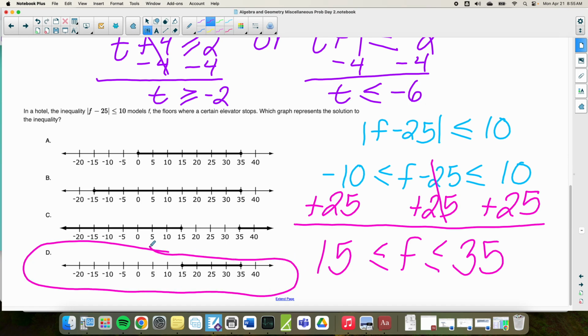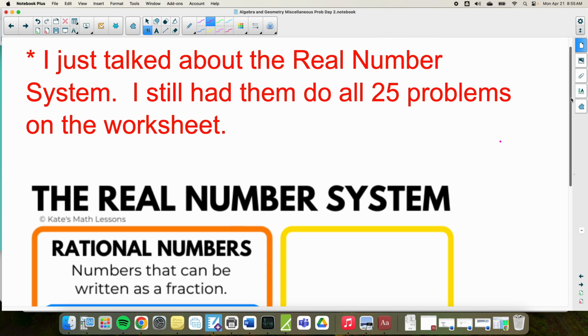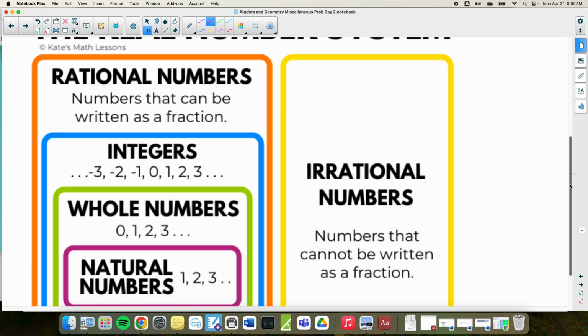Everybody understand that? Okay. Now I'm going to just talk super quick about, just review the real number system. Rational numbers is anything that can be written as a fraction. So integers are positive and negative whole numbers, including 0.